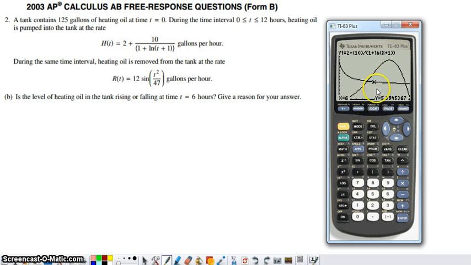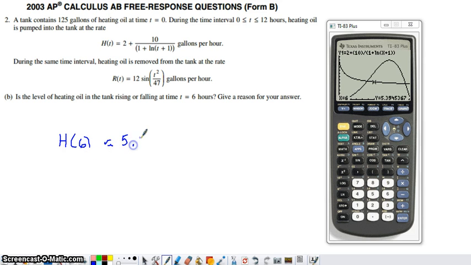So it tells me that at 6, the y value on h of t is 5.39. So I know that h of 6 is about 5.39. Just by looking at this graph, you can see that at the x value of 6, or the t value of 6, the other function is going to have a larger value.